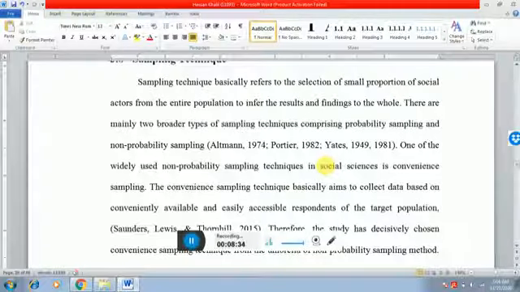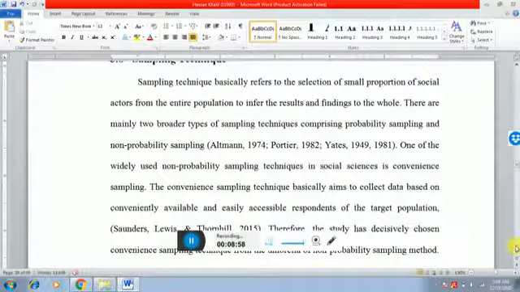But if you are going to gather the data from those respondents who own a smartphone, specifically an iPhone, now you have to identify the respondents who own an iPhone. So this is purposive. There is a purpose behind it. You are going to identify only those respondents who own an iPhone. This kind of technique is called non-probability purposive sampling.